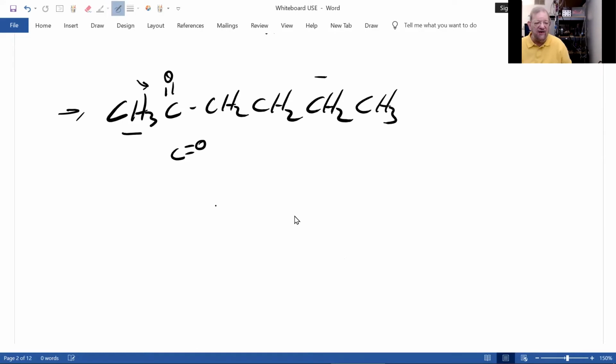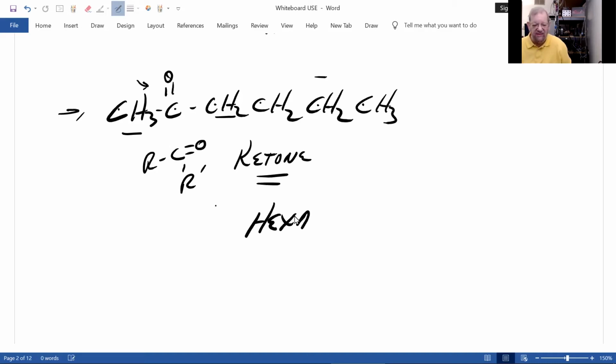I've got carbons on this side, carbons on this side. It's a ketone. How many carbons are in the longest chain that includes the carbonyl carbon? 1, 2, 3, 4, 5, 6. That would be hexane. It's a ketone, drop the E, add ONE, hexanone.